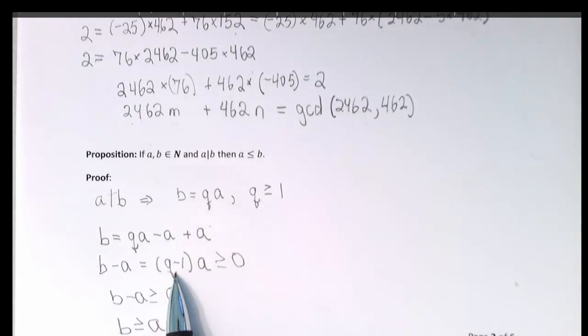Therefore, q minus 1 must be at least 0. a is positive because it's a natural number, so we have an integer that's at least 0 times an integer that's strictly positive. This product must be non-negative. Well, that tells us then that b minus a is non-negative, which is the same as saying that b is greater than or equal to a, and that justifies this little lemma that we'll be using occasionally as we work through the following proofs.